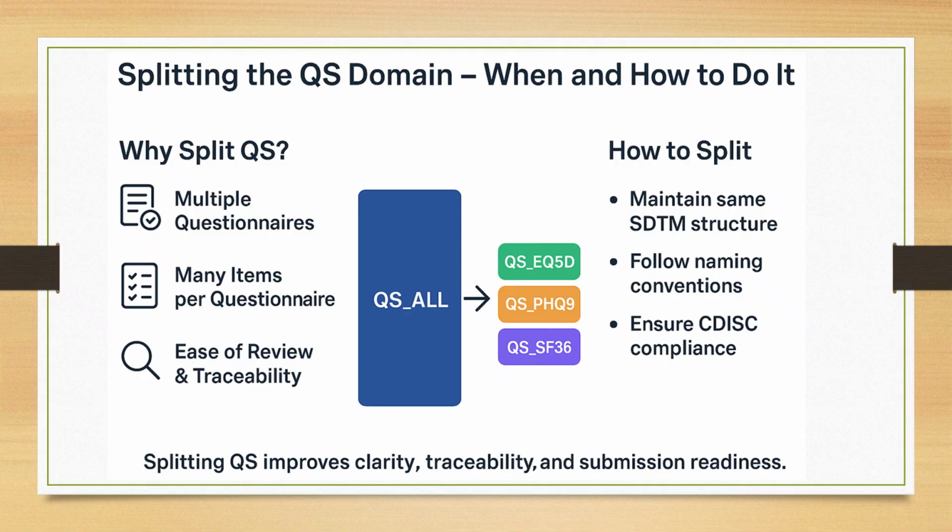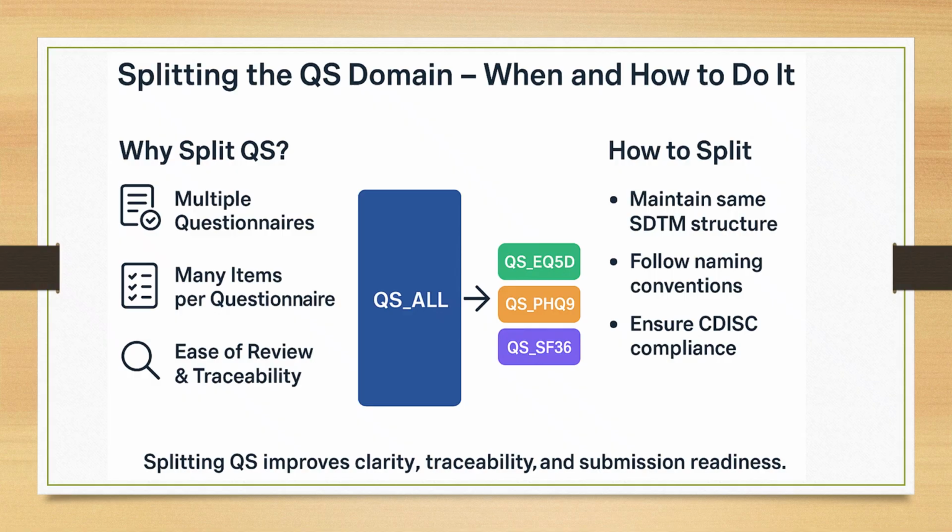So how do we split the QS domain? The most logical and preferred way is to split by the questionnaire type, which is captured in the variable QSCAT. For example, when the QSCAT value is EQ5D, we can create a dataset by applying a filter on this particular value of QSCAT and name that dataset QS underscore EQ5D.